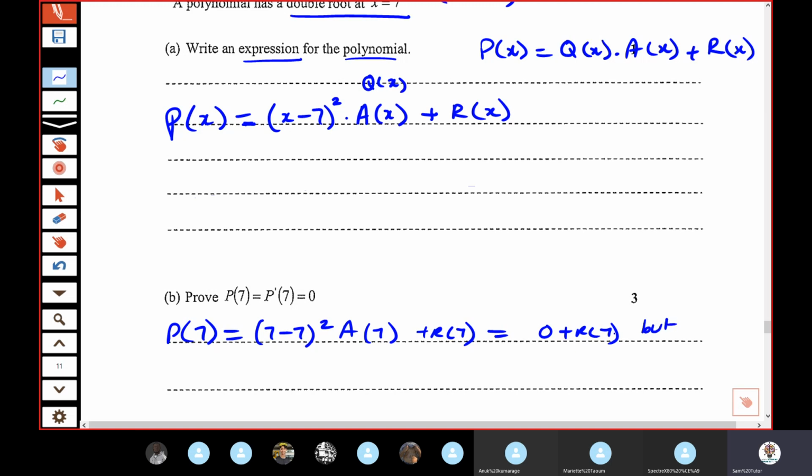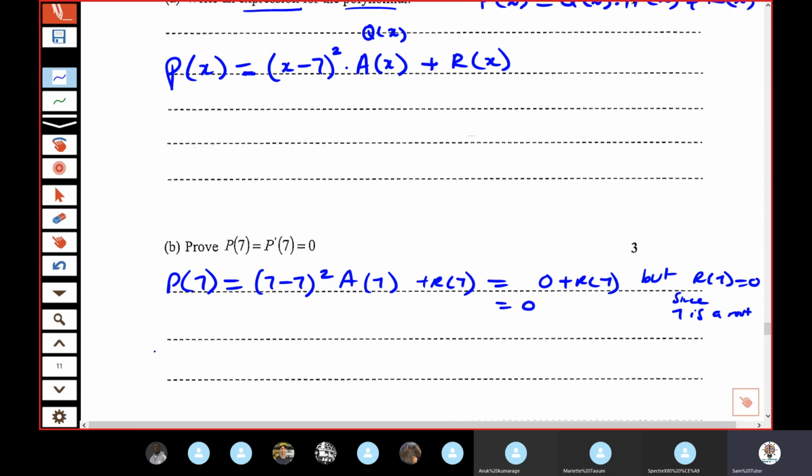But will you have a remainder when you substitute in 7 if it's a root? No. No, but R of 7 equals 0 since 7 is a root. That's what I mean, because it's very theoretical, a lot of students don't get it fully correct. But again, most can get that out and they can fudge it out. It's the next one, P dash. So let's get P dash of x first.